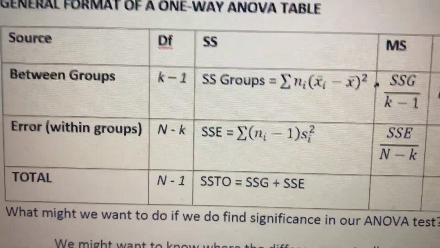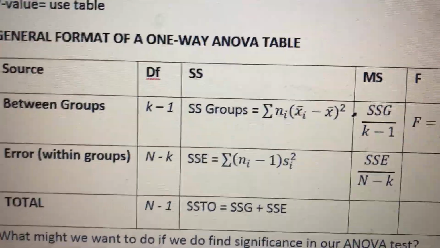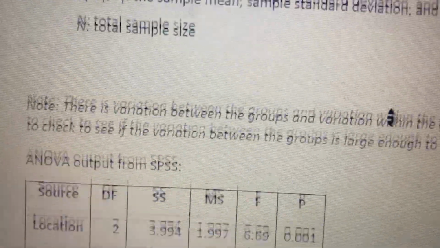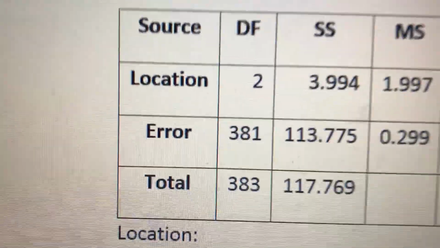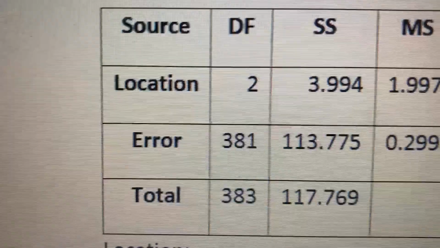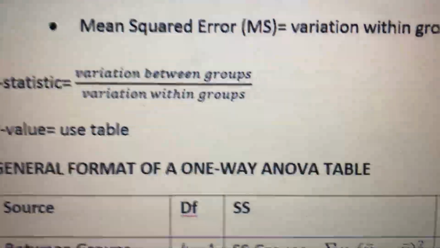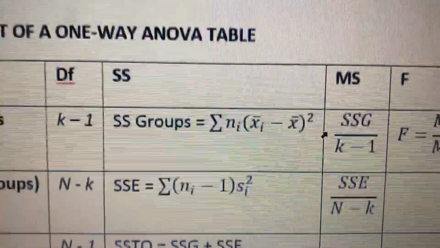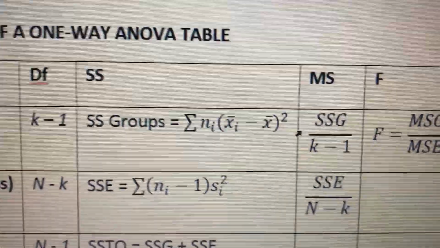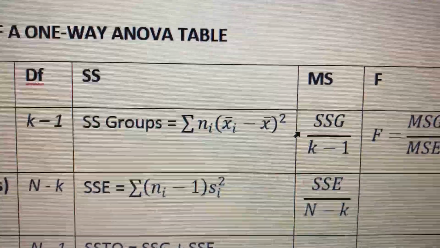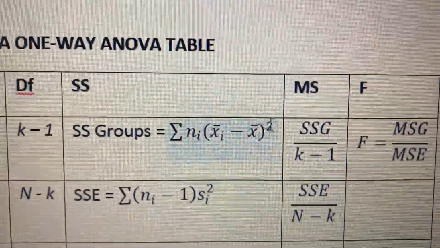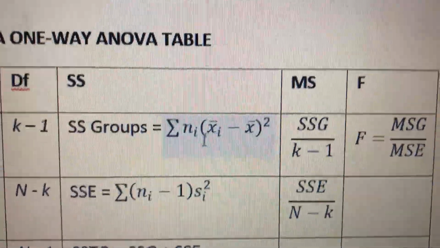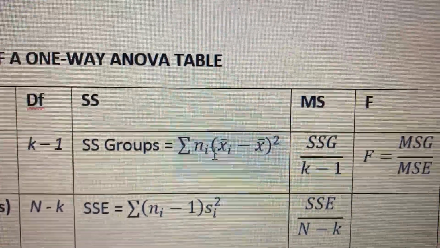Our degrees of freedom equals k minus 1. So we have 3 different groups, which means our degrees of freedom on our location is 3 minus 1, or 2. Our sum of squares for groups. Well, we see the word sum, so we're going to add up a bunch of things. We see a square, which means we're going to square something. Out front, we have n sub i.